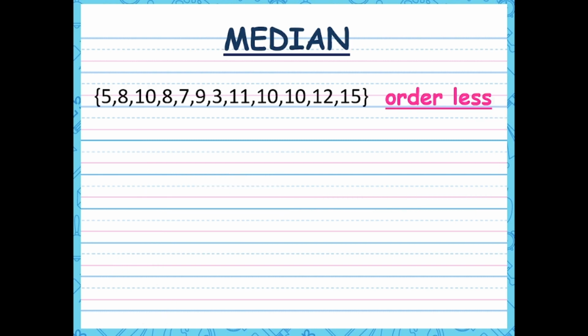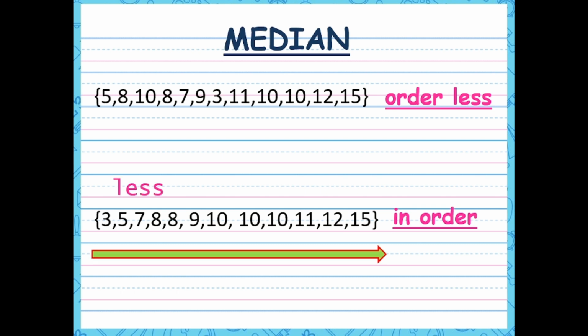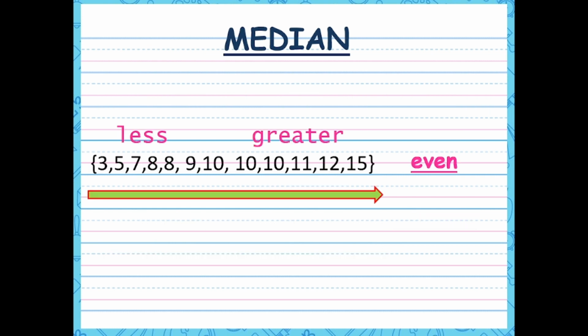Next, to find the median of a data set, we are going to arrange the 12 data points in order from smallest to largest so we can figure out what the middle value is. Since there is an even number in this set, we can't just choose the middle number.